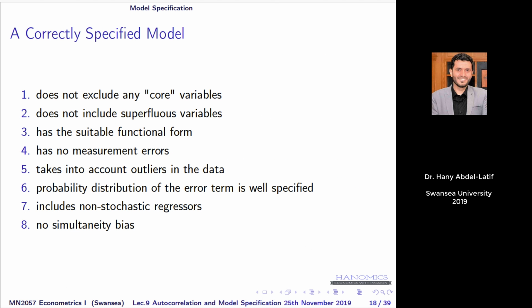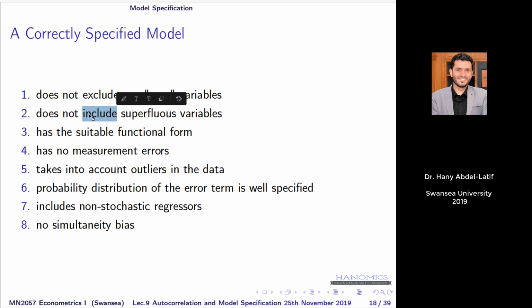When we talk about a model that is correctly specified, then we mean that you didn't exclude any variables that are important. We know that if you drop an important variable, your estimator is biased, so your OLS estimation is biased. And we saw how we can use Ramsey's test or other tests for that.